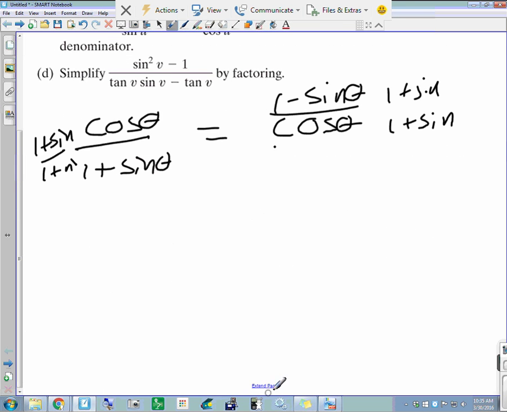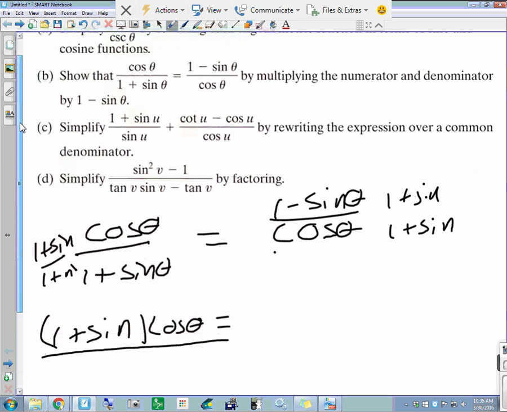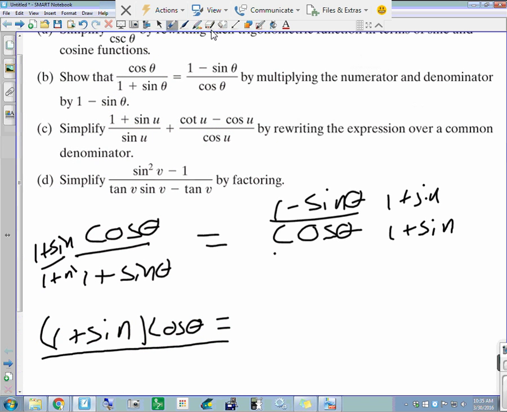Now, if I take a look at this bit over here, this is going to end up giving me 1 plus sine multiplied by cosine theta. But down below here, what is this going to be? Oh, hold it. Did I write that down correctly? Oh, that was supposed to be pluses. That's plus, that's minus. Sorry. That's my bad.